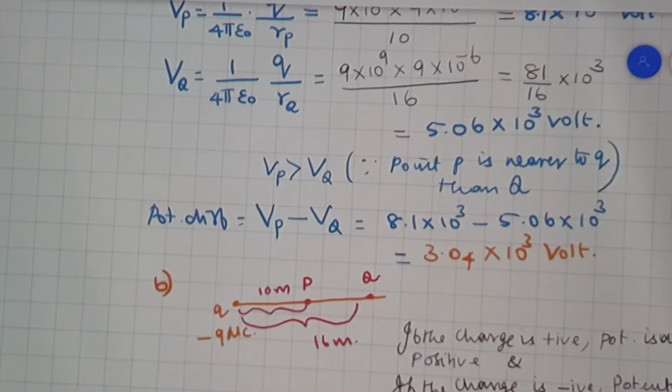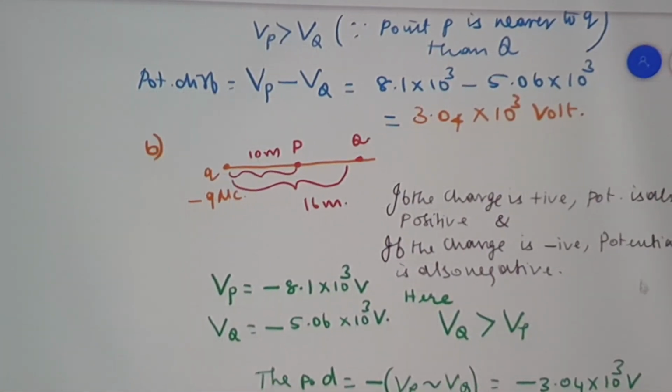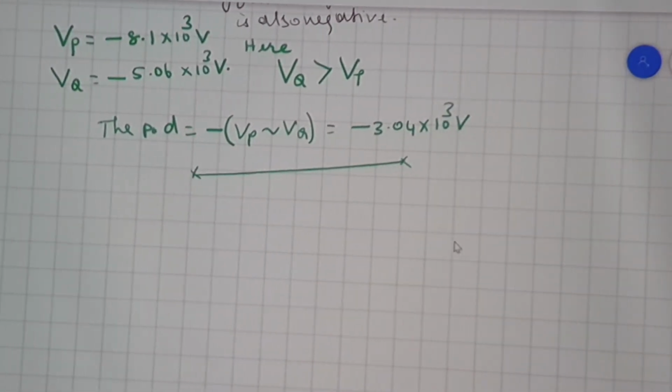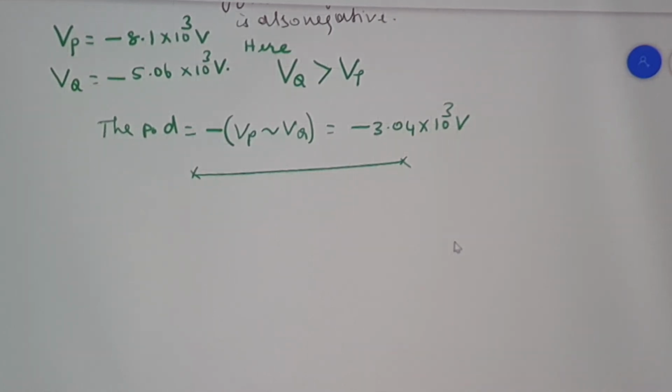If you are moving a unit positive charge from infinity to the point, then it is potential. Instead of moving a unit positive charge, now they are moving a charge of plus 2 microcoulomb. We know that the potential at point P, Vp, is equal to 8.1 into 10 to the power of 3 volt.